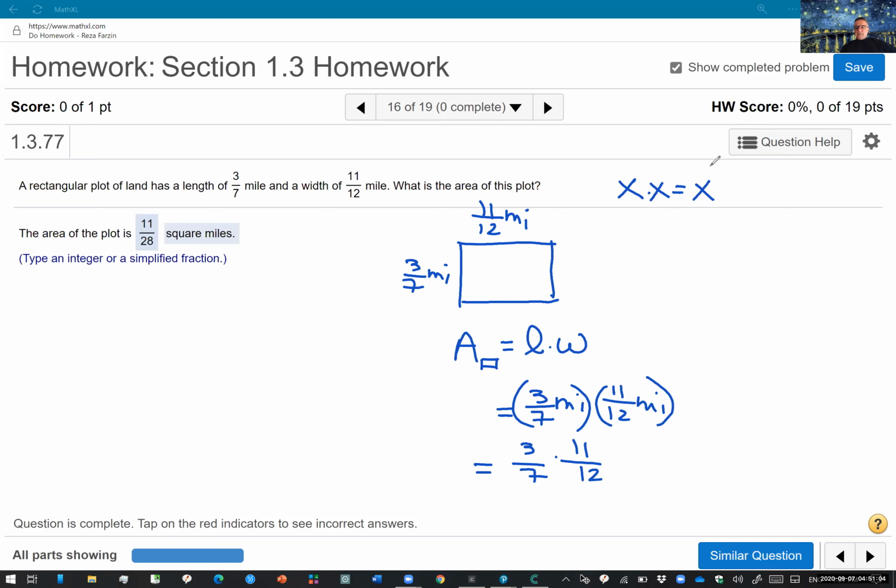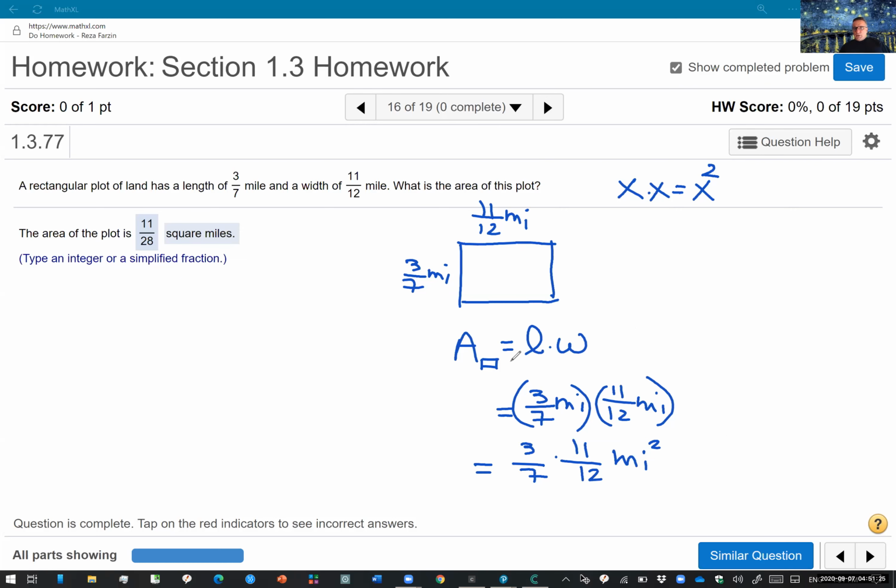That's x squared, right? So what's mile times mile? That's going to be mile squared. We don't say miles squared. What do we usually say? Square miles, exactly.